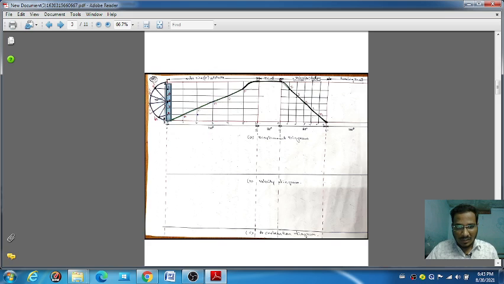We are taking the small alphabets to represent this line divided into equal individual parts. Then capital A is represented as the point of intersection of A to 1, B to 2, C to 3, D to 4, E to 5, and the last one is G to 6. Here the small g is there, G to 6.